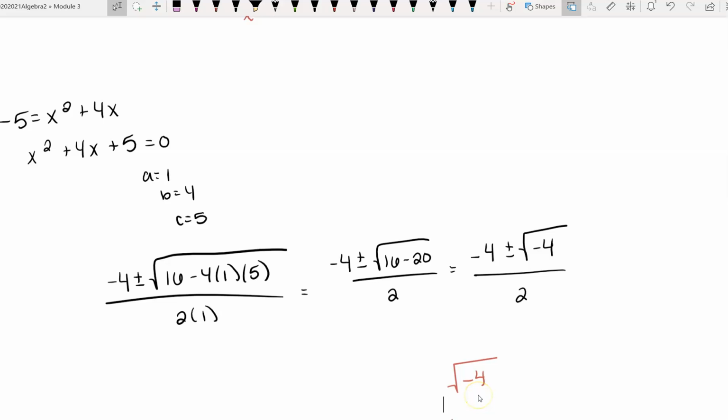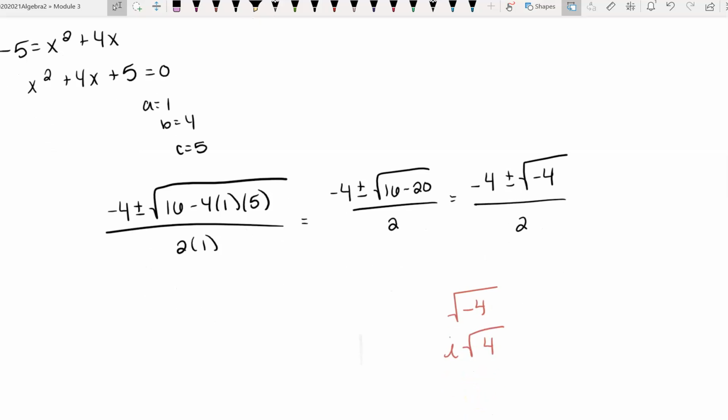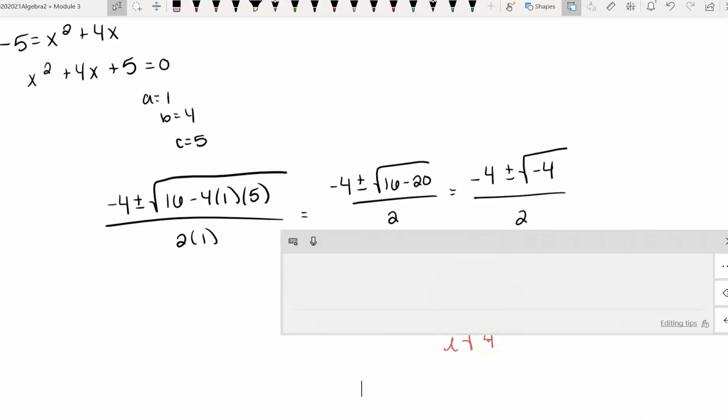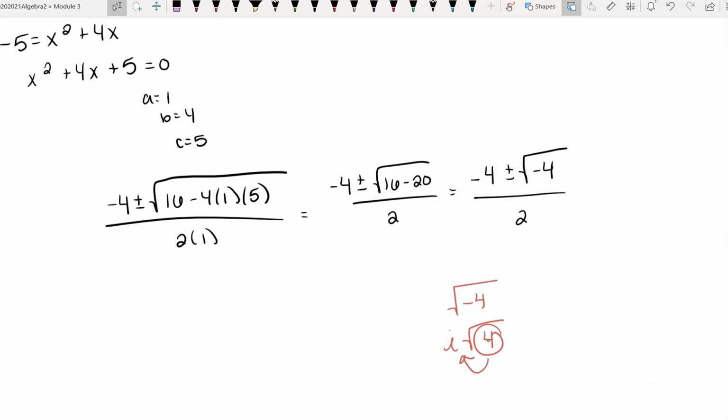Now, I can pull out an i and make it i times the square root of 4. I also know the square root of 4 is 2, so I can just say 2i. So this turns into -4 plus or minus 2i over 2.